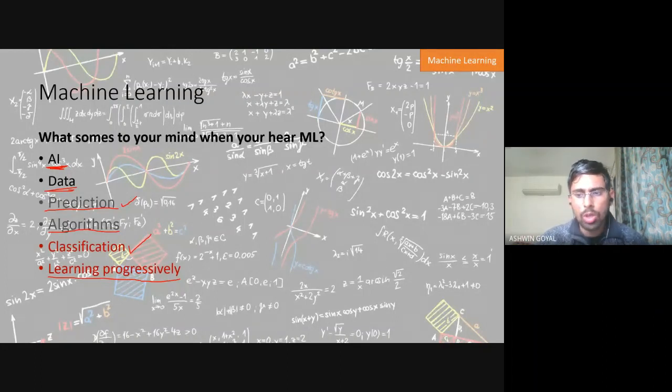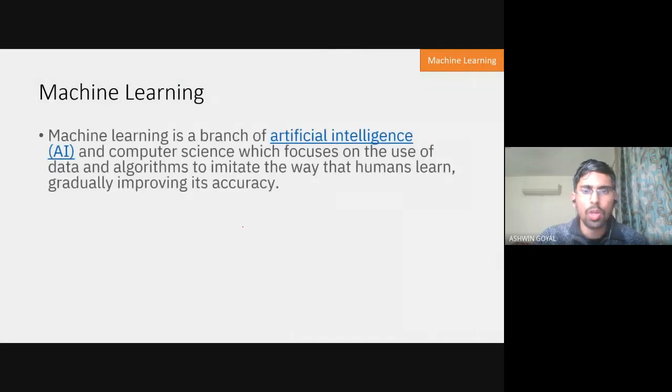I want the model to classify them into groups of, let's say, fruits, mangoes and apples. I want the model to classify the images into distinct classes. That is classification. More on this in later slides, so don't worry if you haven't understood.